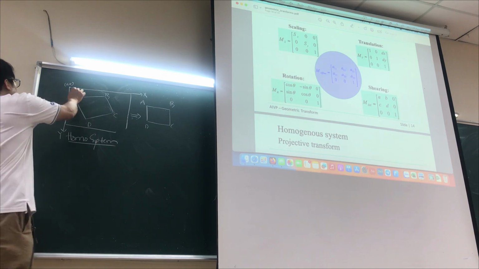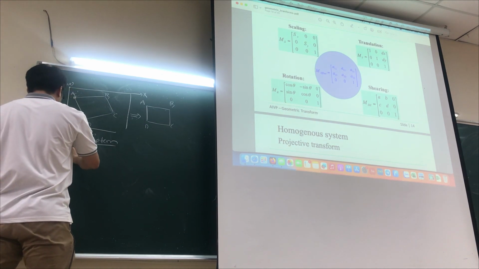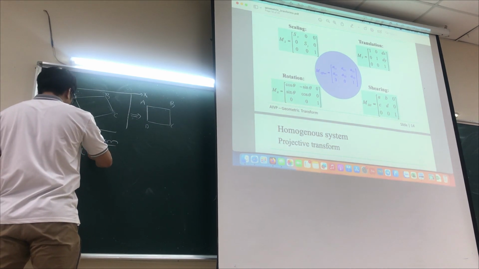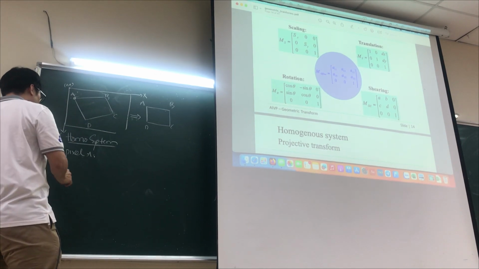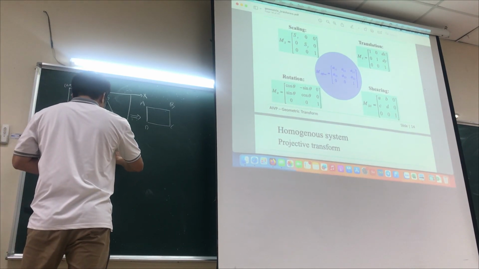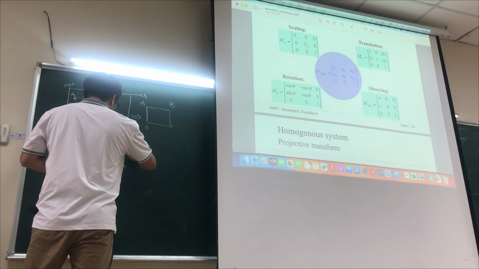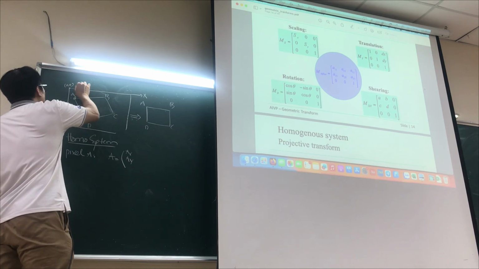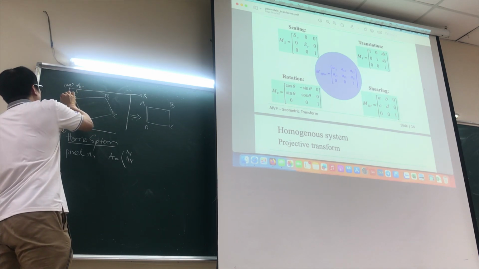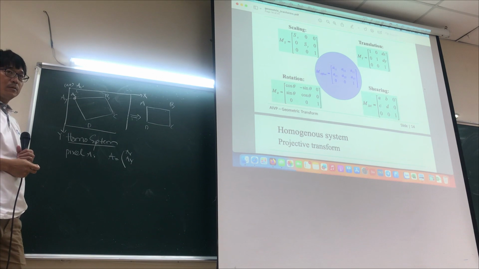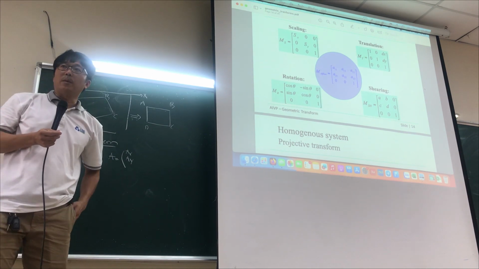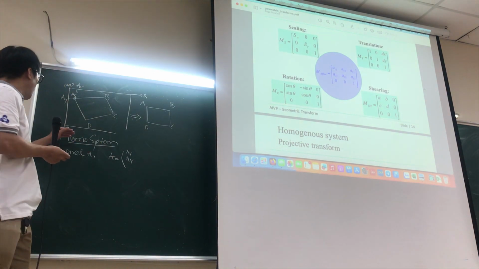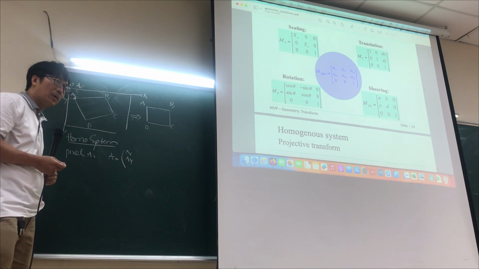And for pixel A, you have A with coordinates Ax, Ay, right? Look at the board. The difference here is what we mean by the homogeneous system or homogeneous coordinate.